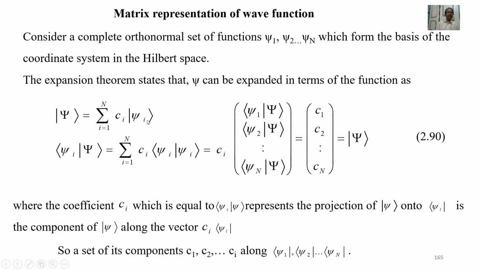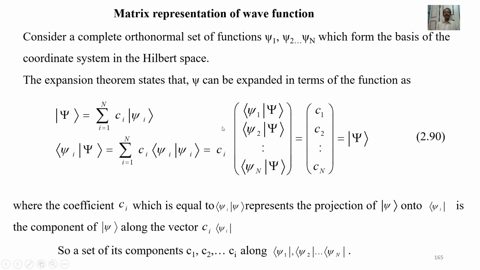I'm going to multiply on both sides by bra psi i. So this equation becomes bra psi i with capital ket psi, which is equal to summation over i of Ci times bra psi i with ket psi i. And of course, we know that this is 1, which is equal to Ci. So Ci can be written as bra psi i with capital psi.